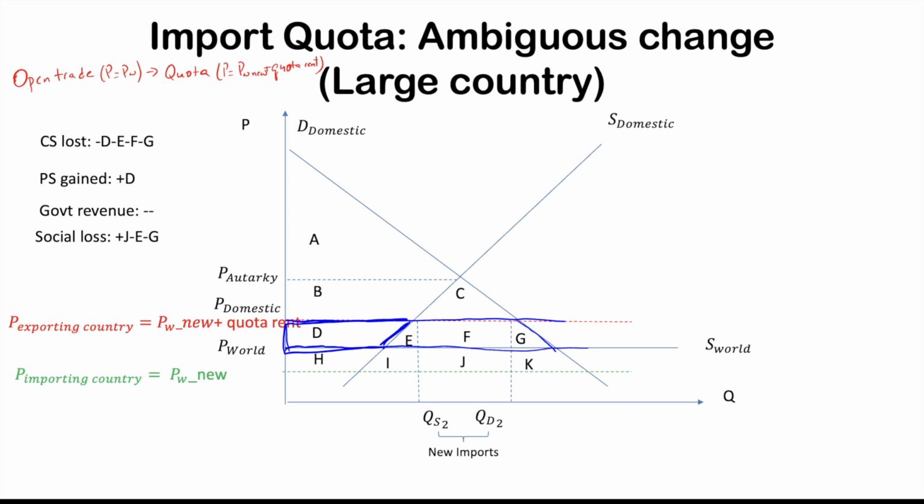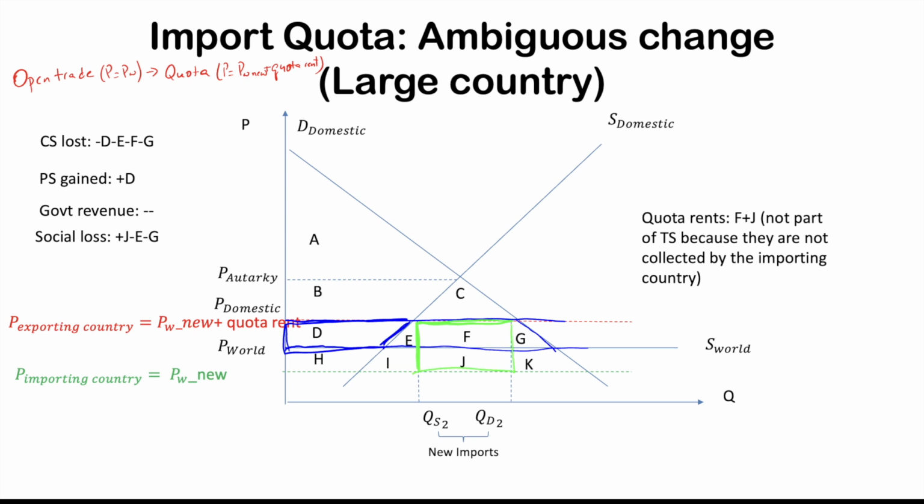That's because the government does not charge, it doesn't get revenue from the quotas. And the amount of quota rent is equal to the difference in price because of the quota rent times the amount of new imports. So it's this area F plus J.